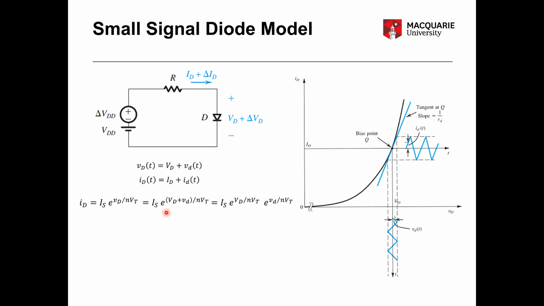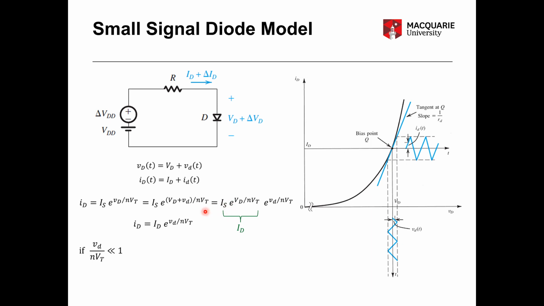And just using our simple mathematical laws for exponentials, we know that this equation can be translated into this one here with the exponential terms separated. Now the key thing here is to recognize that this half of the equation is simply the large value current ID. So that's our large signal ID value for the diode.